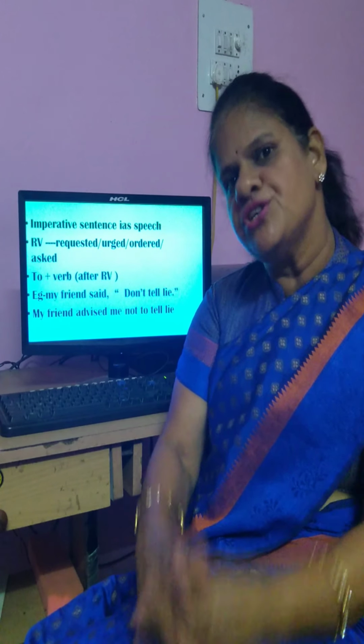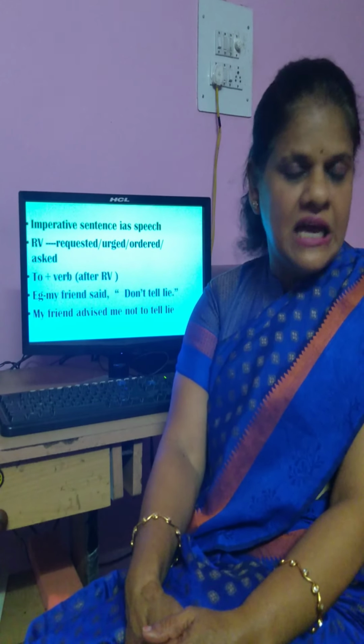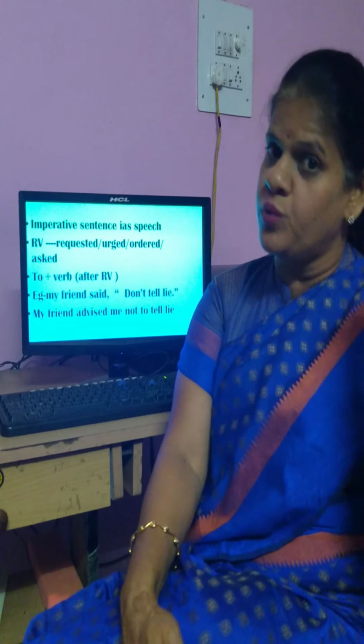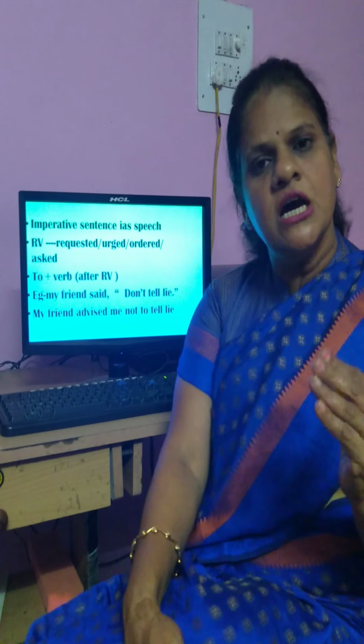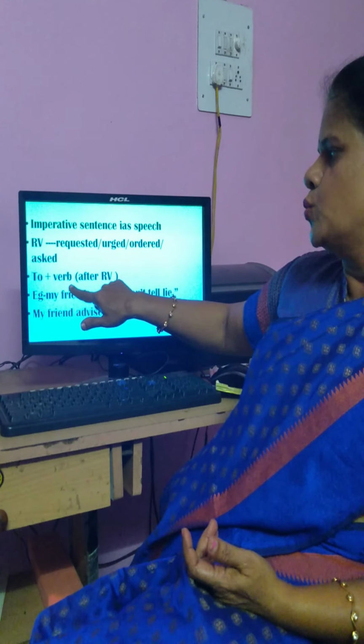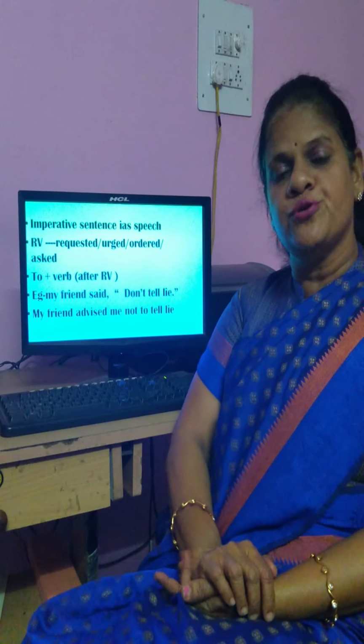Suppose in the narration, in the inverted commas, we get an imperative sentence. Then we are not adding that as a joining word as in declarative, which we learned previously. Here we just add to, to plus verb after the reporting verb. There is one more thing you should understand.